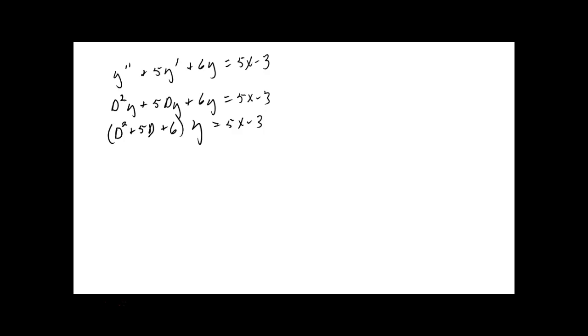Now, if you wanted to, and for the life of me, I don't know why they're doing this, this is the non-homogeneous equation, what would be its associated homogeneous equation?